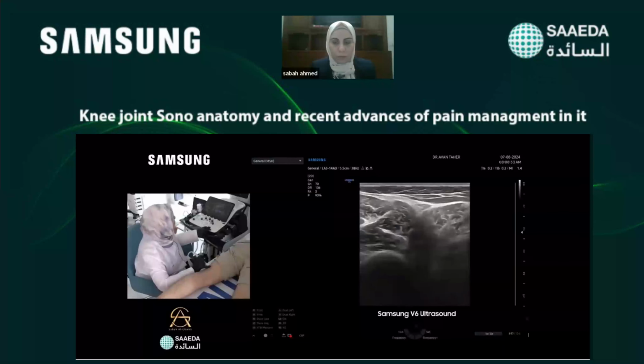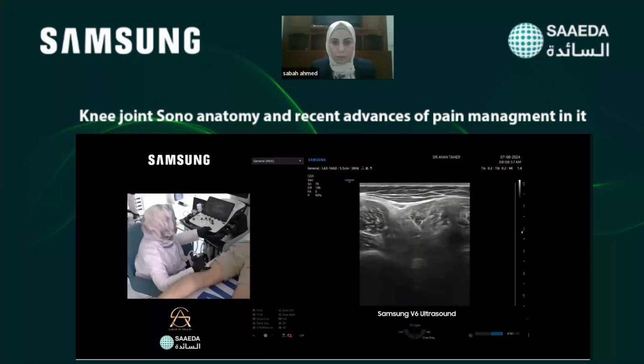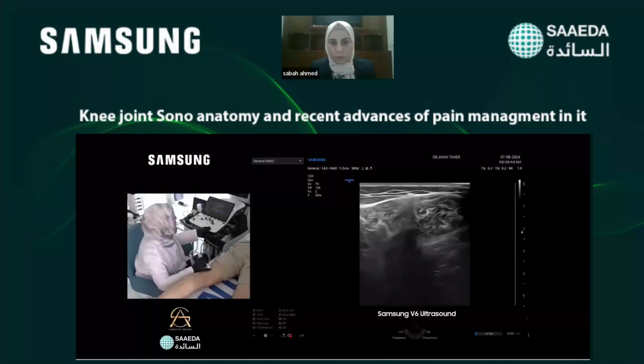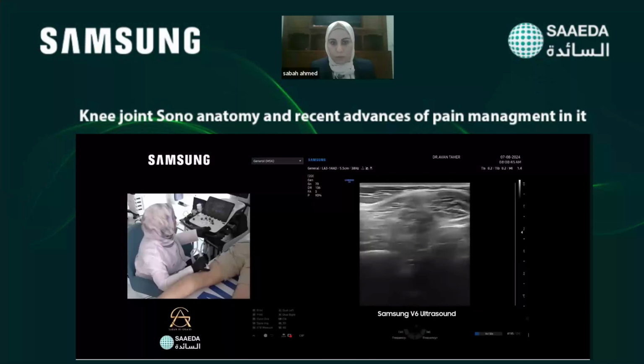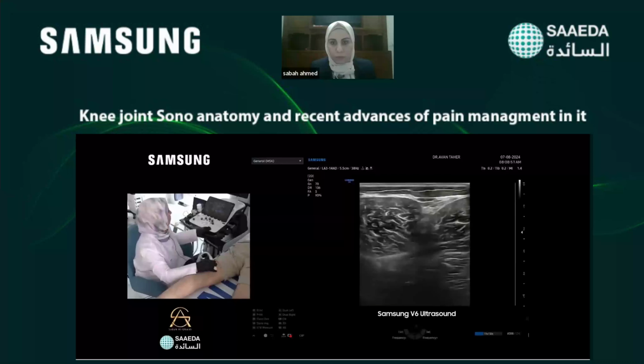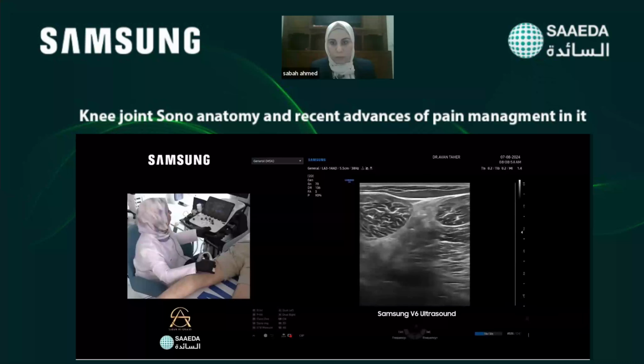If we follow the tibial nerve, which is medial, you see it passes between two heads of gastrocnemius. It just passes above, then it passes between the two heads of gastrocnemius.